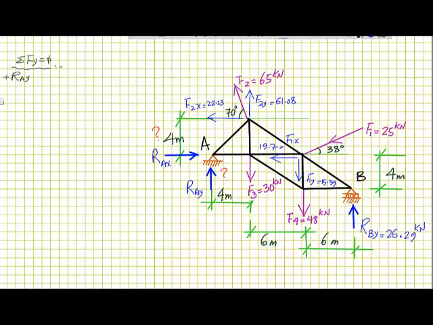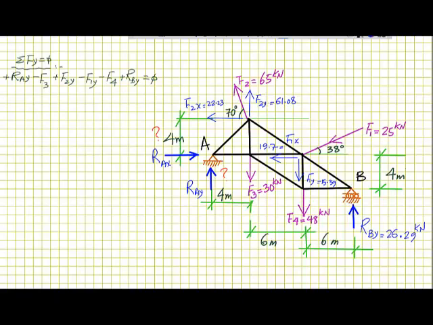We have F3 downwards, minus F3. We have plus F2y upwards. We have F1y downwards, minus F1y, and F4 downwards, minus F4, and RBY upwards, plus, is equal to 0.